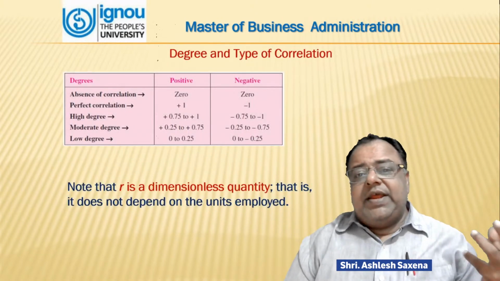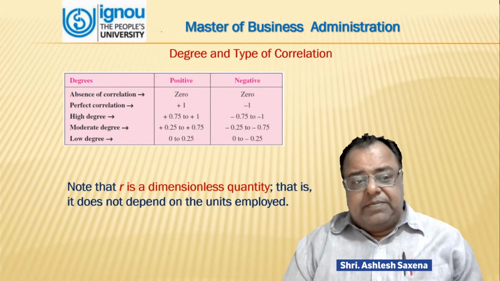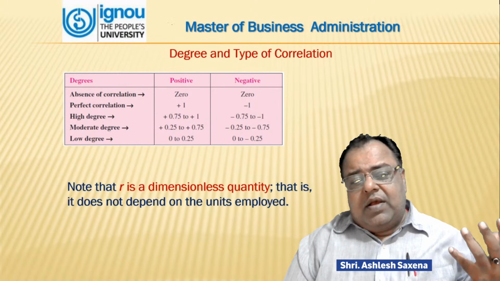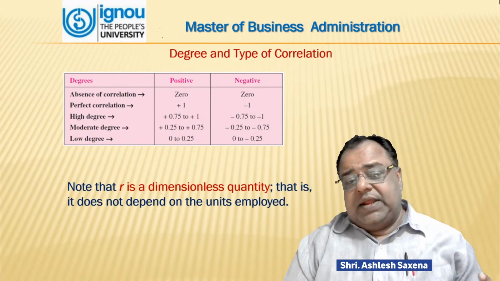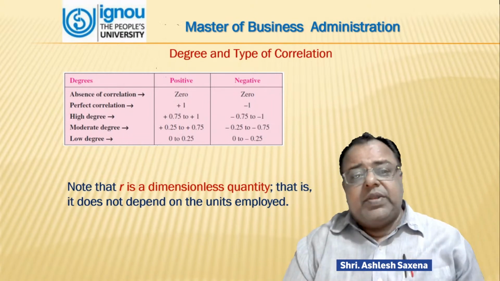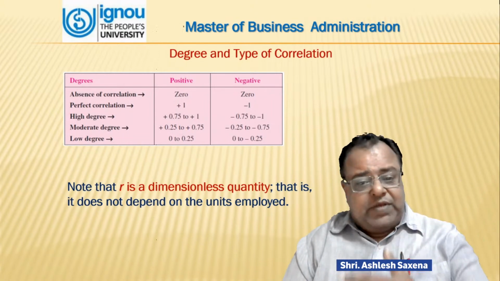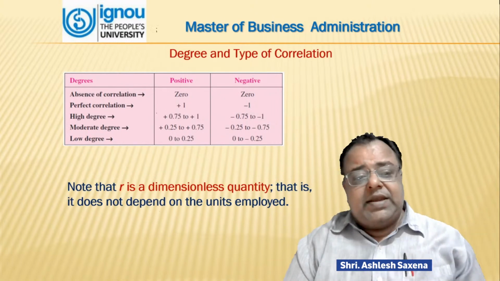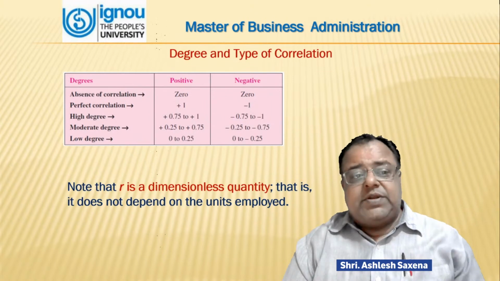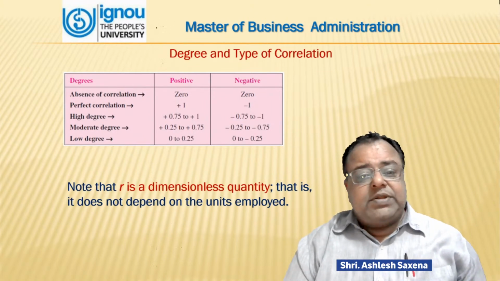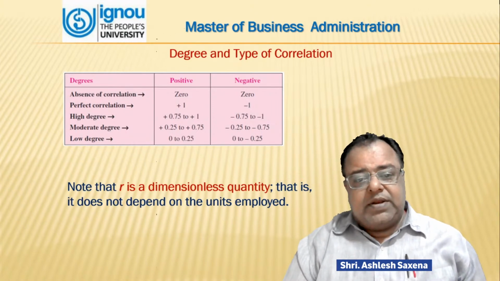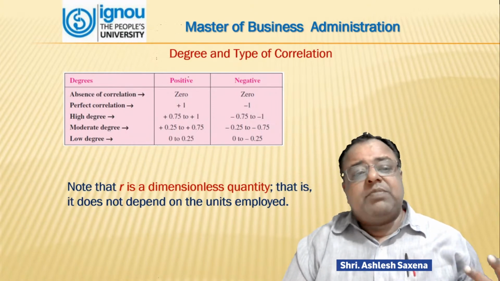As far as degree and types of correlation are concerned, we can see what the degree is, because this degree is used in interpretation of the result. From the values of R, what we get from calculation, we decide the degree of the observation. Absence of correlation means R is zero. If it is perfect, plus 1 or minus 1, that is perfect correlation.